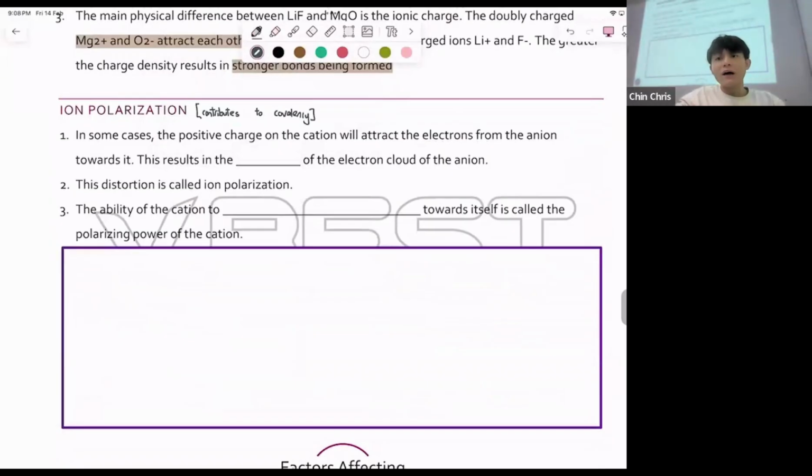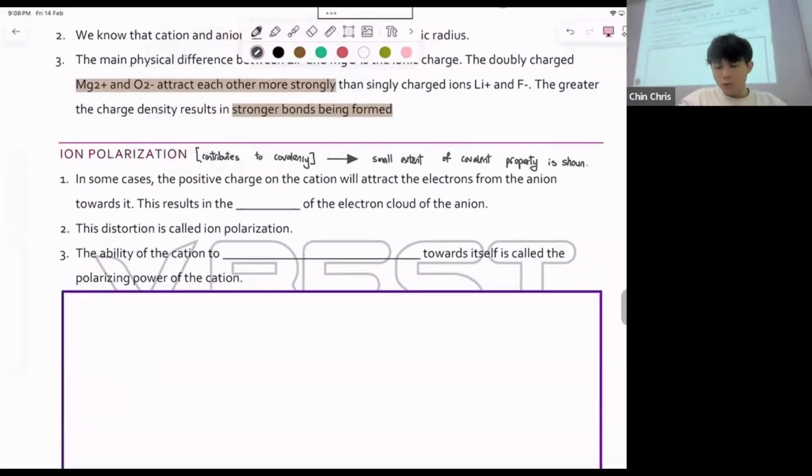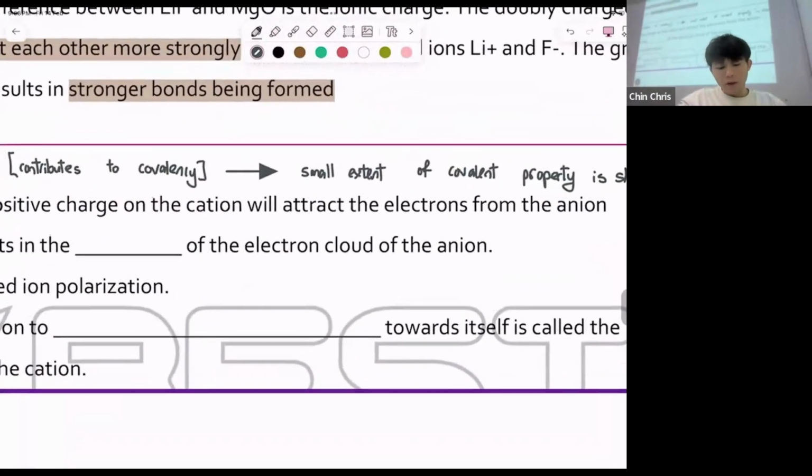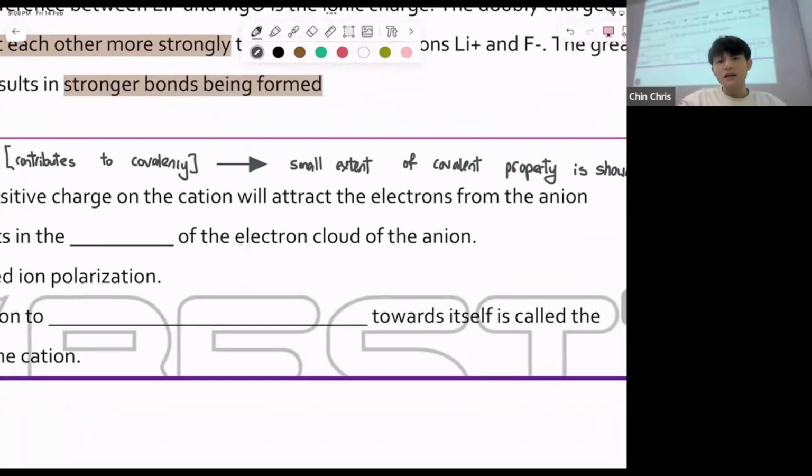Which means when ion polarization occurs, you have some small extent of covalent bonding, some covalent property shown. So it contributes to covalency.